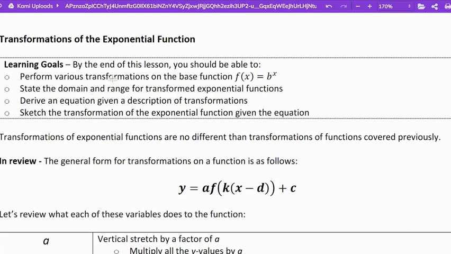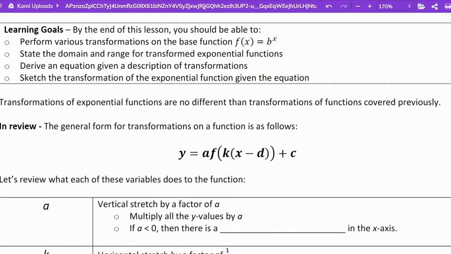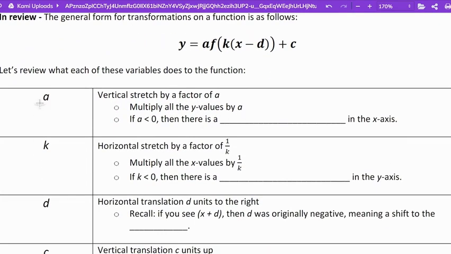All right. Okay. So folks, the great thing about this unit is the only new thing is this new type of function. We still have a k, we have an a, d, c. Great. We just have to learn this new function. All right, so let's review what we know.